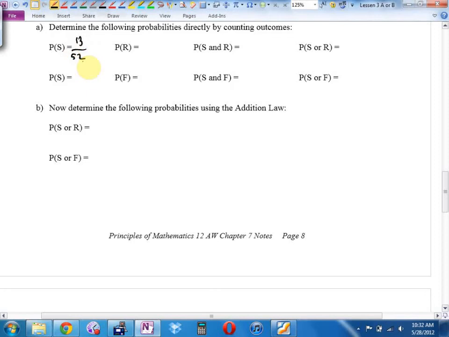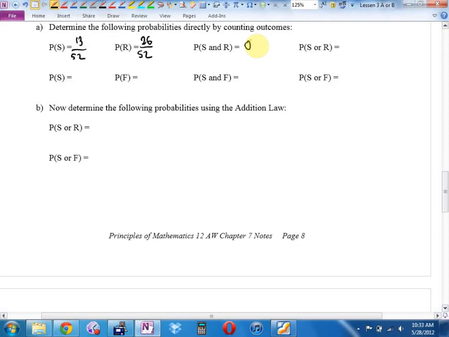How many red cards are there in the deck? I know that there's 26 out of 52. How many red cards are spades at the same time? Can't happen. What would can't happen be as a probability? 0. What's the probability, if you're picking one card, of getting a spade or a red?